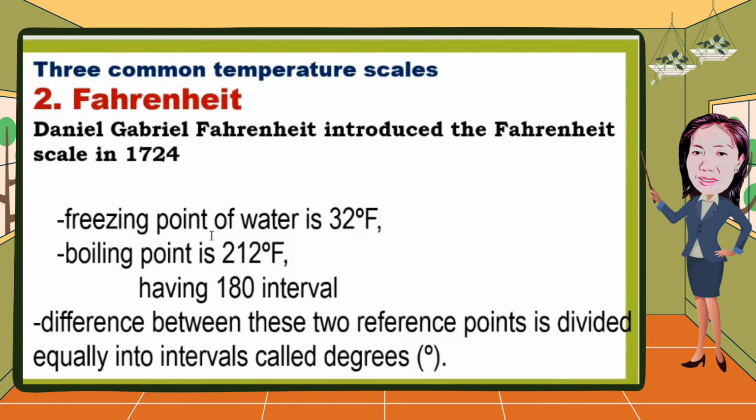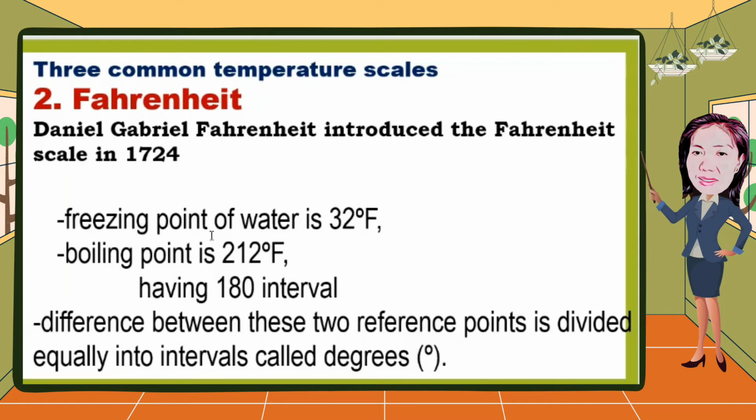Okay, the second temperature scale is Fahrenheit. This was introduced by Daniel Gabriel Fahrenheit in 1724. The freezing point of water in Fahrenheit is 32 degrees Fahrenheit, and the boiling point of water is 212 degrees Fahrenheit.